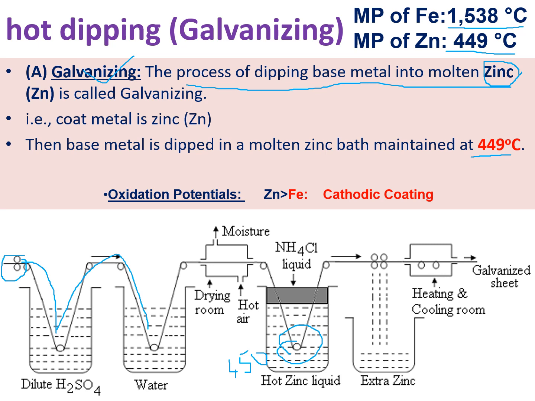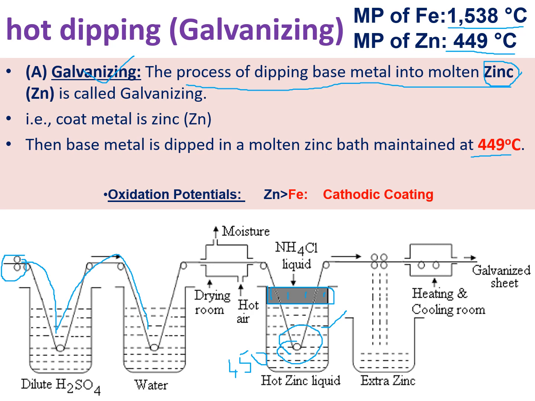But you can see here, over the hot liquid zinc, we make an ammonium chloride layer. What is the necessity of this ammonium chloride layer? See here, zinc is a higher oxidation potential metal, and it is already at 449 degrees centigrade. In factors affecting corrosion, we learned that high temperatures increase the rate of corrosion.